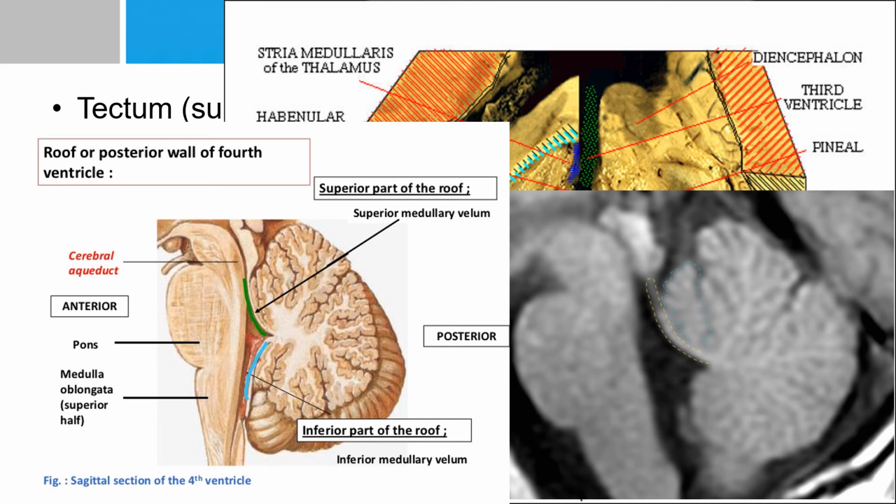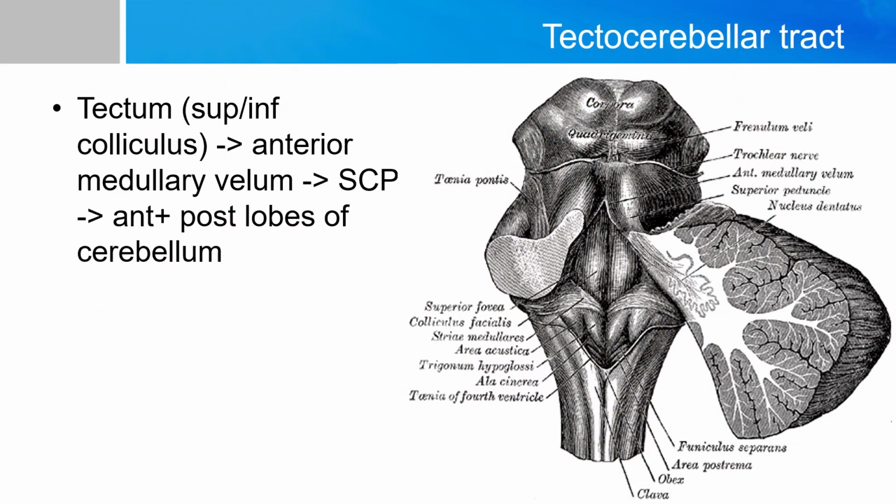And so it's not very hard to imagine signals traveling all the way down here and out laterally via the superior cerebellar peduncle into the cerebellum. And this tract controls movement of the head and neck in response to auditory and visual stimuli.